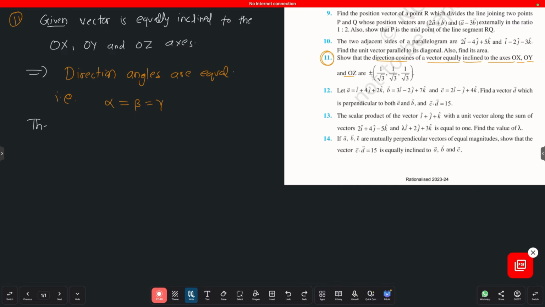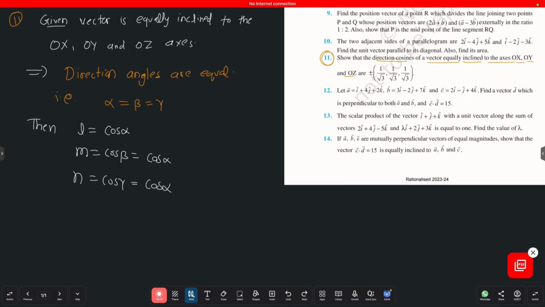Then what is L? It means cos alpha. What is M? It means cos beta, but beta is also alpha because they are equal. And N means cos gamma, but gamma is also alpha, so it is cos alpha.